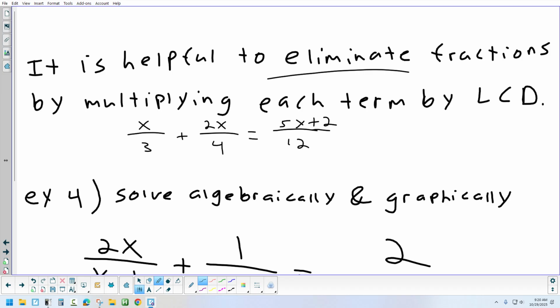It'd be a lot easier to solve that equation if there weren't all those fractions. So there is a number that I can multiply everything by that would cancel all my fractions out. What could I multiply everything by there that would cancel all my denominators?